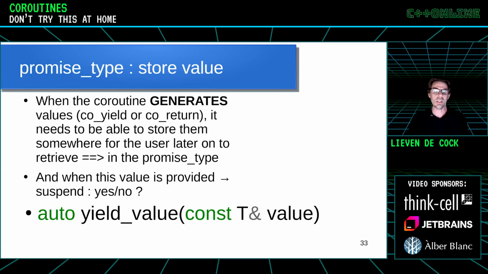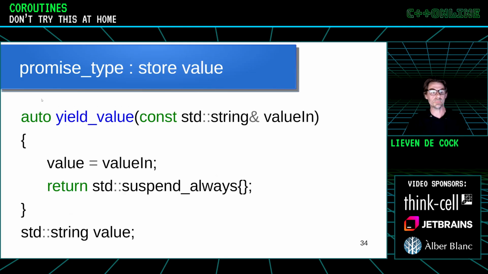So for that purpose, we need to implement a function called yield_value that takes a const reference of the type we are generating. And again, we are returning something of a type we don't care about yet, auto. So we are generating songs. Songs are in our model strings. So our yield_value says a string value by reference is coming in.